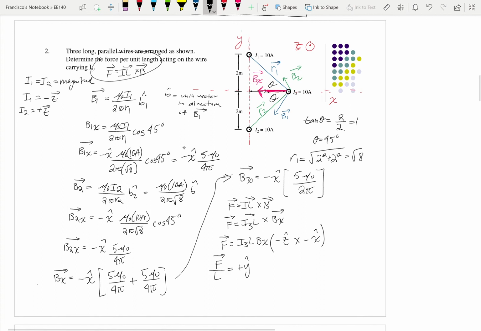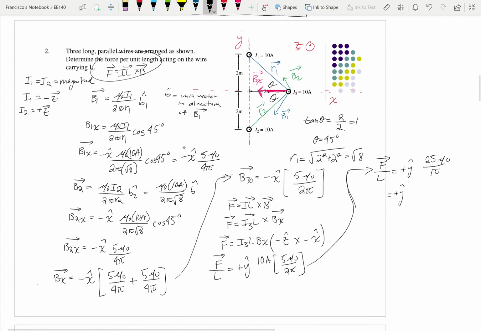Now it's going to be I3, which is 10 amperes, times this value here of Bx, the magnitude of Bx. Okay, let's move this over here to this side. The force per unit length equals positive y hat of 25 mu naught over pi.